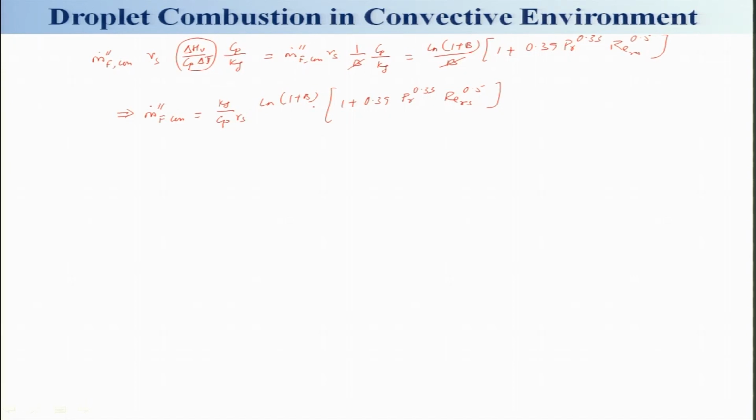And now this is a very nice term for convection. If you look at, it contains all the terms, both Reynolds number and other things. I can say this is equation 4.